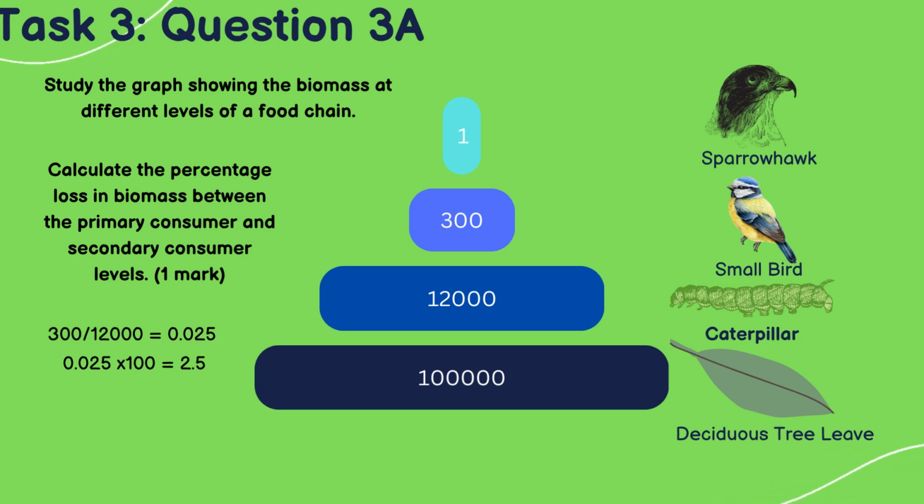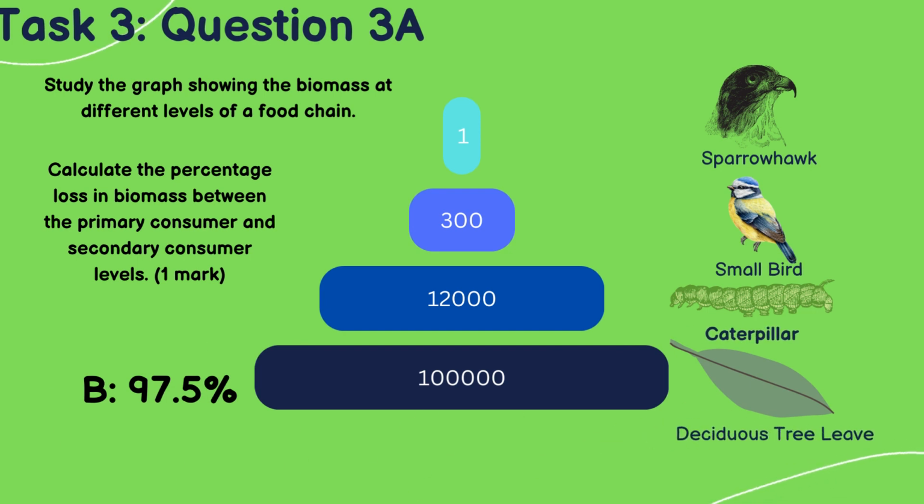Now the final and most important part is that we take the 2.5% away from the 100%, which gives us 97.5%. So the answer would be B, 97.5%. Now most people that get this wrong always forget the last part of this calculation.